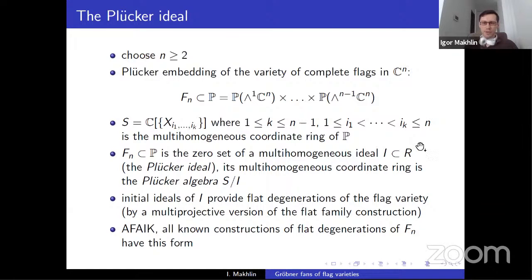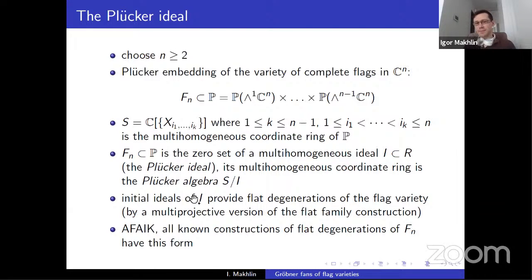I keep switching between R and S in the middle of writing my slide. Anyway, we have a distinguished ideal I, the Plücker ideal, and the quotient S modulo I is known as the Plücker algebra. It is, so to speak, the multi-homogeneous coordinate ring of the flag variety with respect to this multi-projective embedding. The main thing is we have this polynomial ring and we have an ideal there.